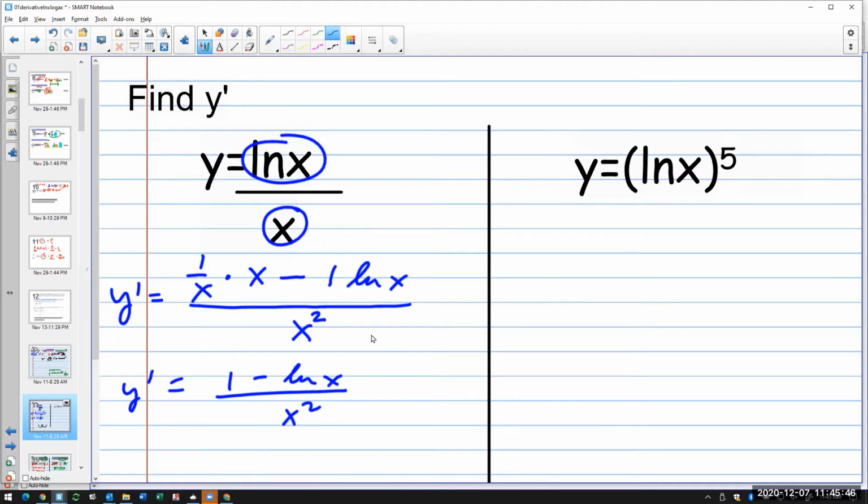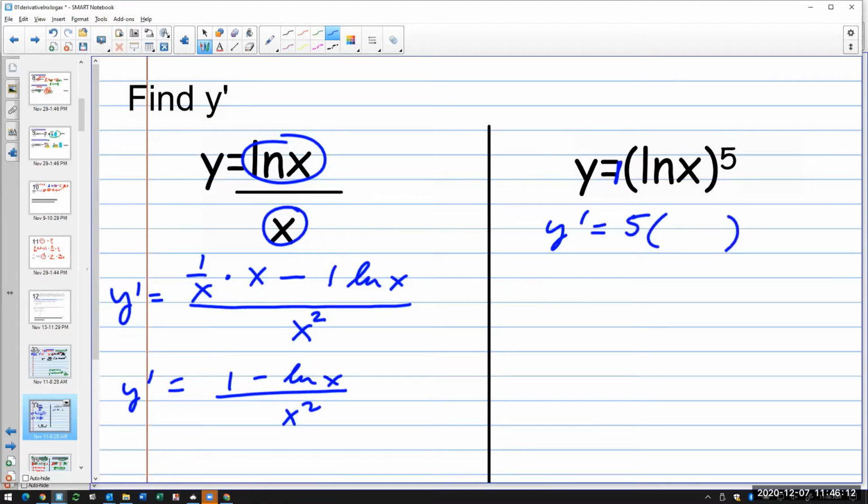Okay, your turn. What's the derivative of ln of x to the 5th? Go for it. It should be 5 times 1, which is 5.